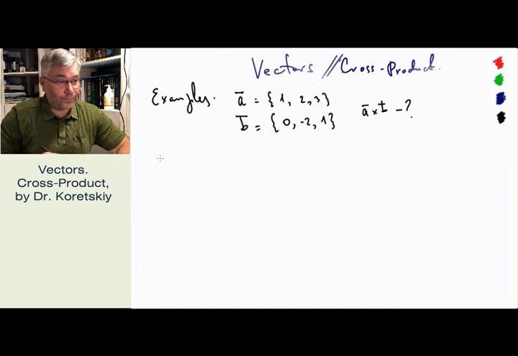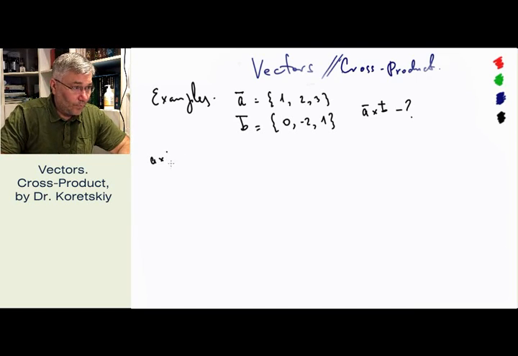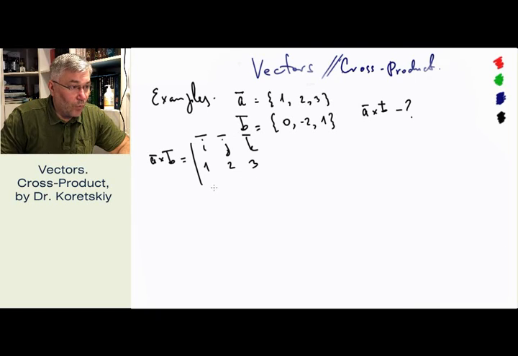So we can use the direct formula: a bar cross product b bar gives the determinant of the matrix with rows i, j, k; 1, 2, 3; 0, -2, 1. i, j, k are vectors, so I have to put bars here.